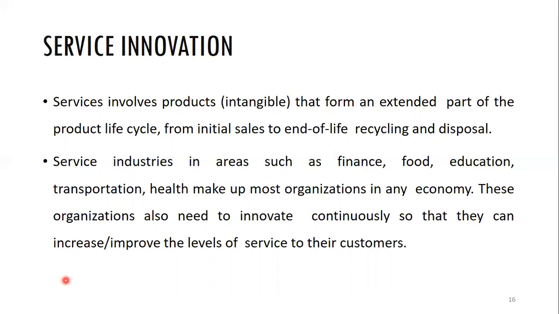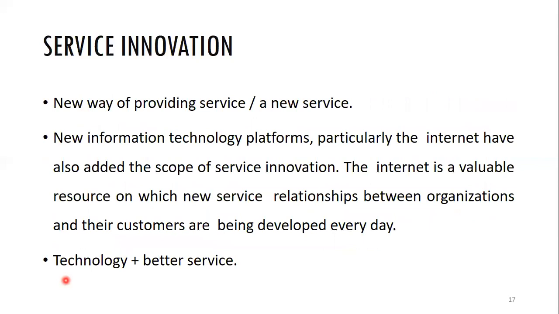Service industries in areas such as finance, food, education, transportation, and health make up most organizations in any economy. These organizations also need to innovate continuously so that they can improve the levels of service to their customers.